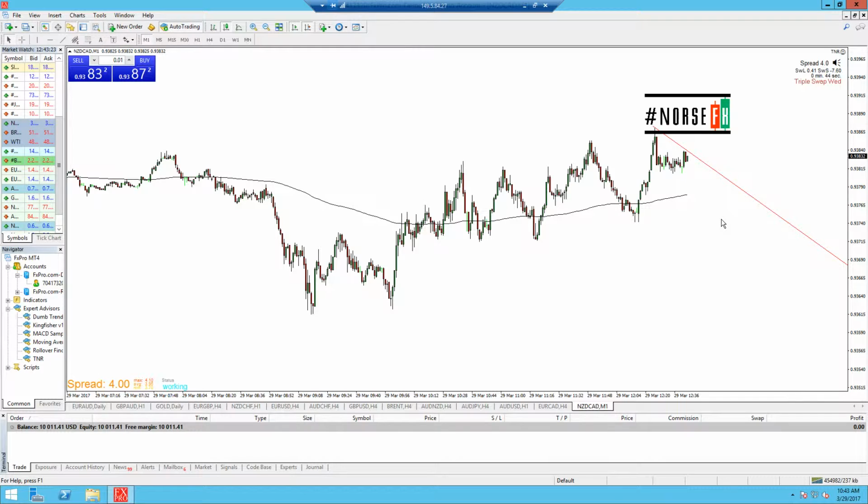Or if you're like me, if you struggle with FOMO, the fear of missing out, this is why I had this EA built in the first place, just because I want to take part in any trend line trade that sets up.